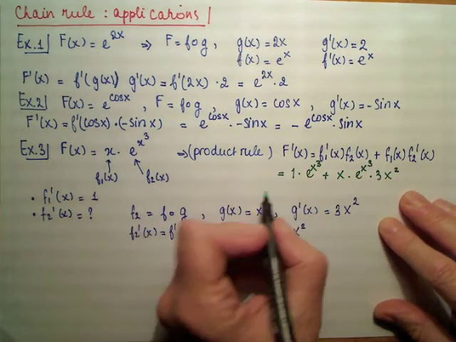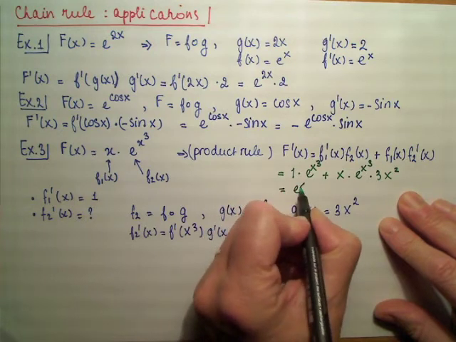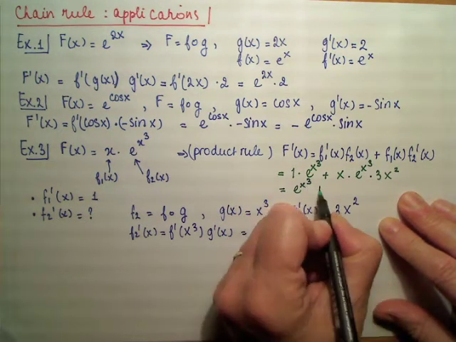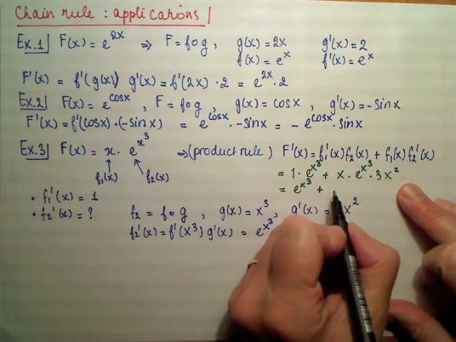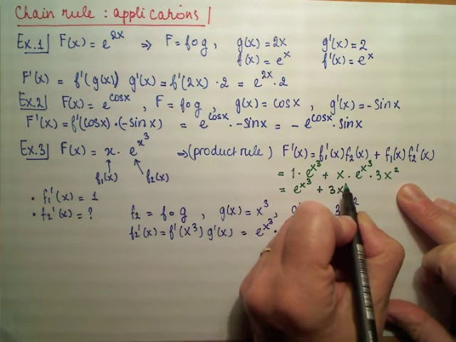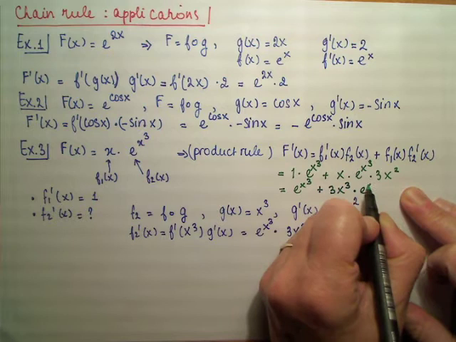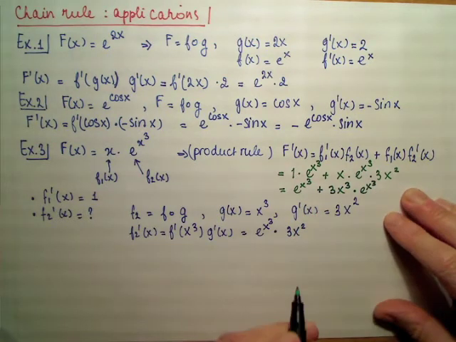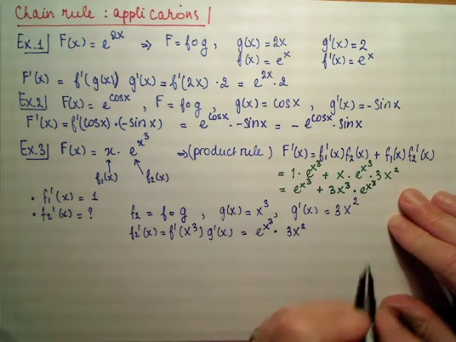And so we can simplify a little bit. It is e to the power x to the power 3 plus 3x to the power 3 multiplied by e to the power x to the power 3. So this is the result.